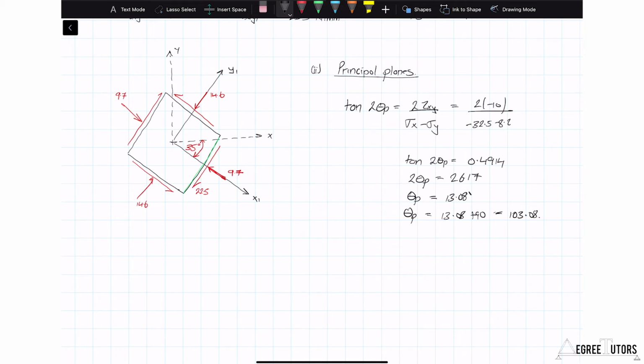We could independently work out what our two principal stresses are, but to determine which stress develops at which angle, the easiest thing to do is take each of these angles and sub them into our transformation equations.